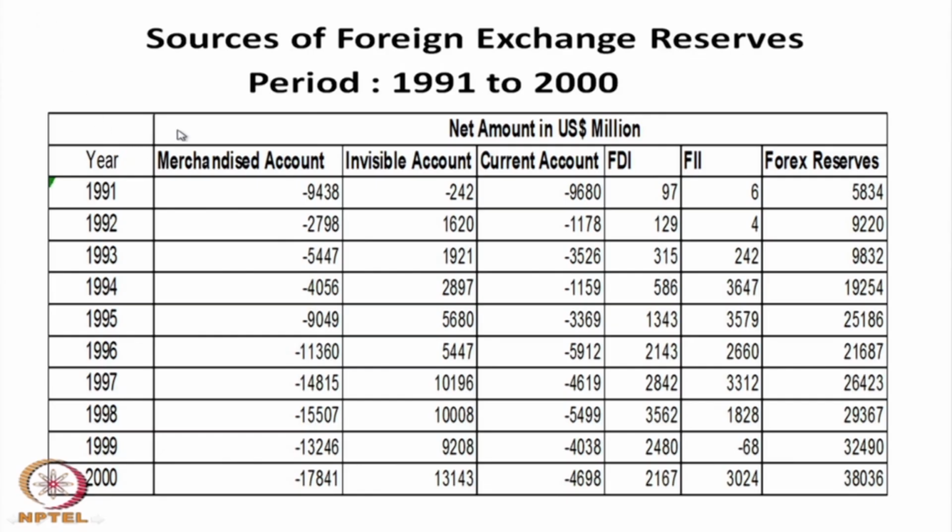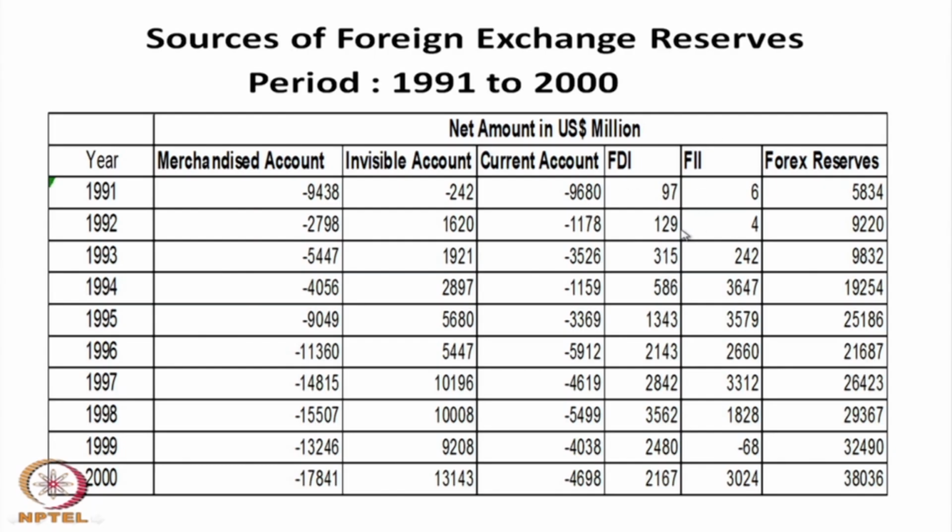If you see the data set, 92 onwards, though our export import merchandise account is still negative, the negative part is declining, invisible is increasing significantly over the years, and the current account, though it is still negative compared to 91, 92, the negative part is reduced significantly.